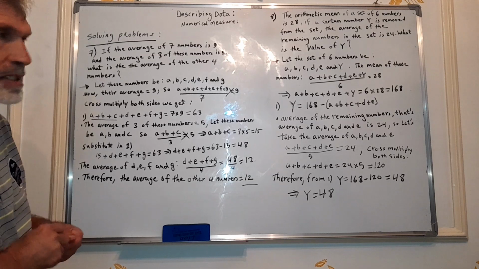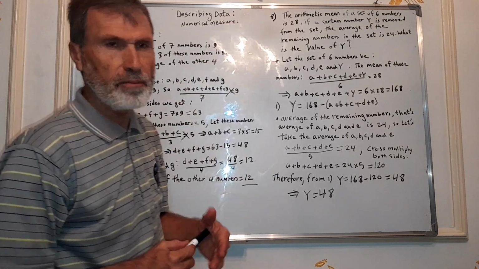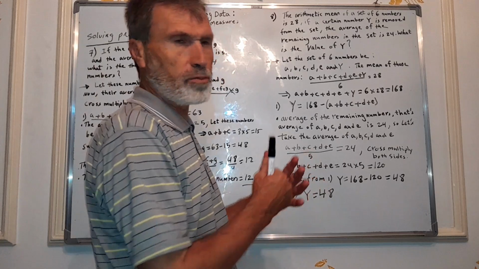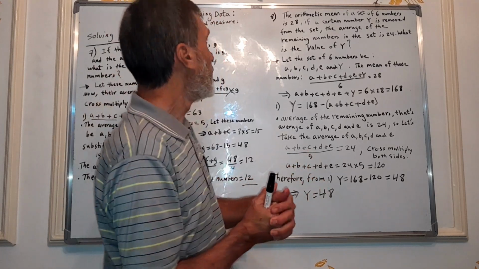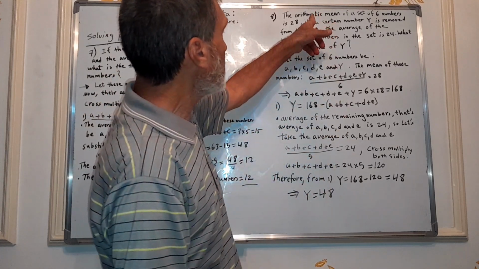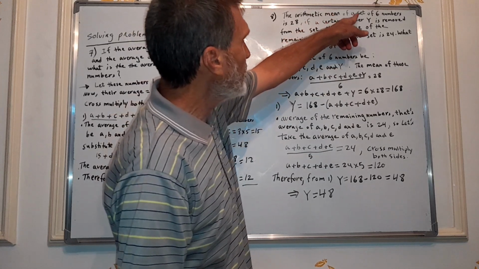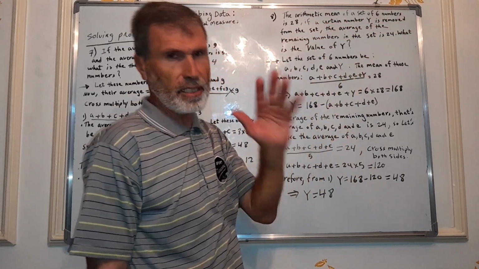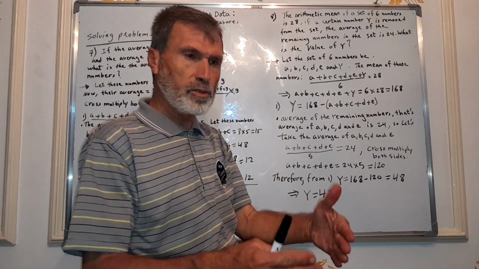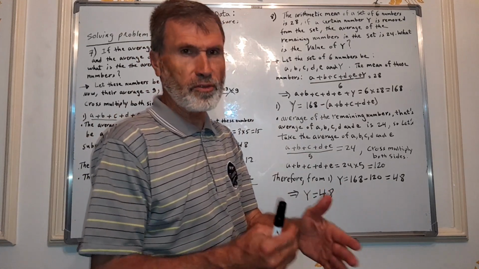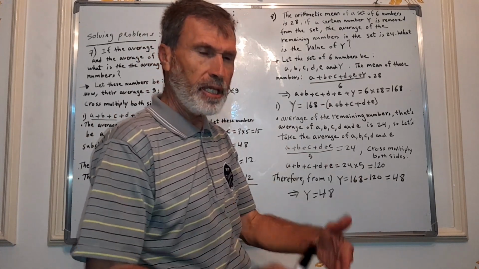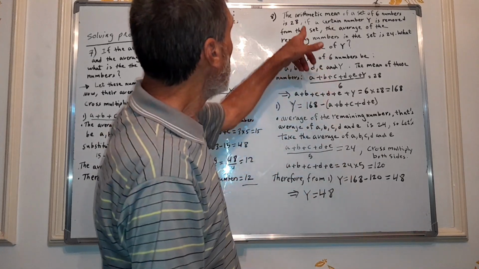Okay? Now, we move to problem 8. Problem 8, similar to problem 7, says the arithmetic mean of a set of 6 numbers is 28.